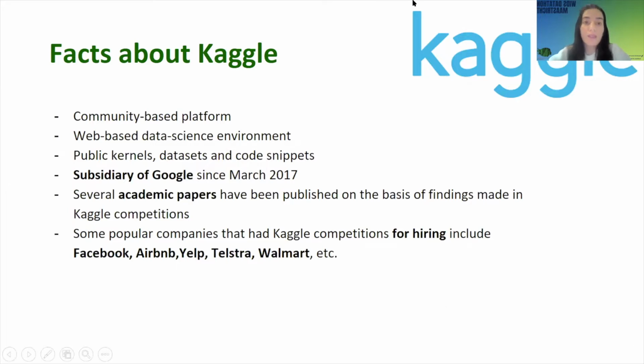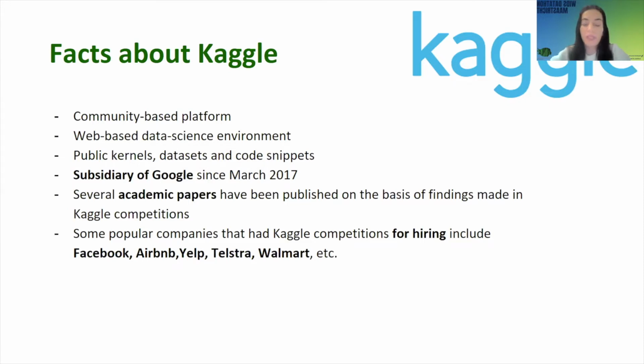Kaggle is from 2017. It's a subsidiary of Google. There are several academic papers published from results of competitions on Kaggle, and some popular companies, like Facebook and Airbnb, had a Kaggle competition for hiring.